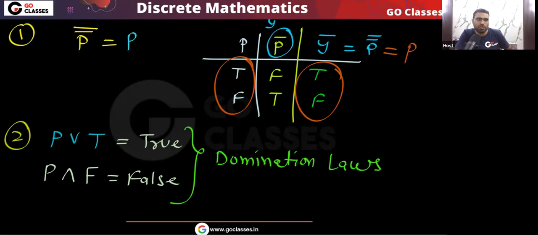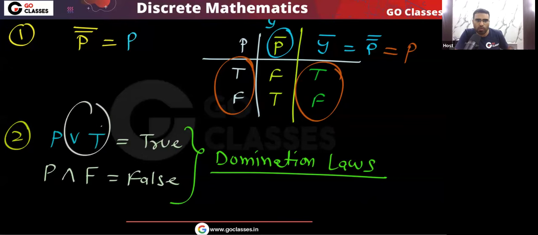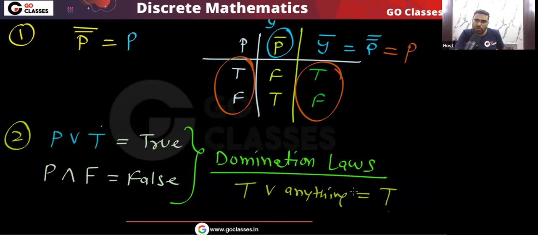True will dominate the or operation and false will dominate the and operation. True is dominating the or operation because true or anything, that is true.